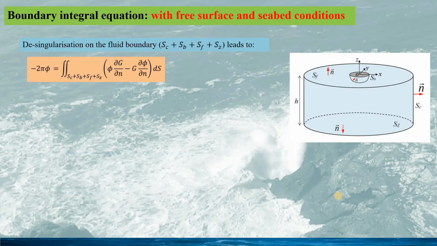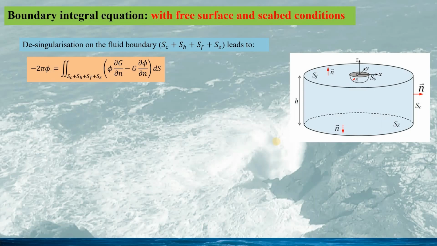In my previous talk, it has shown the de-singularisation approach on the fluid boundary, which consists of the surfaces, see the figure here: the control surface SC, the body surface SB, the free surface SF, the seabed surface SZ.